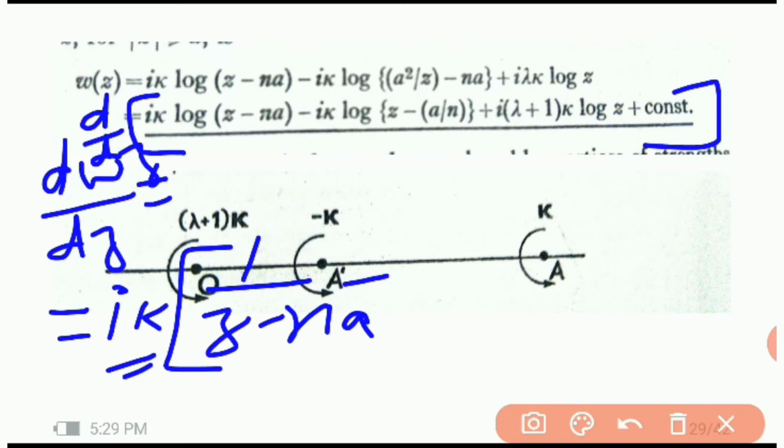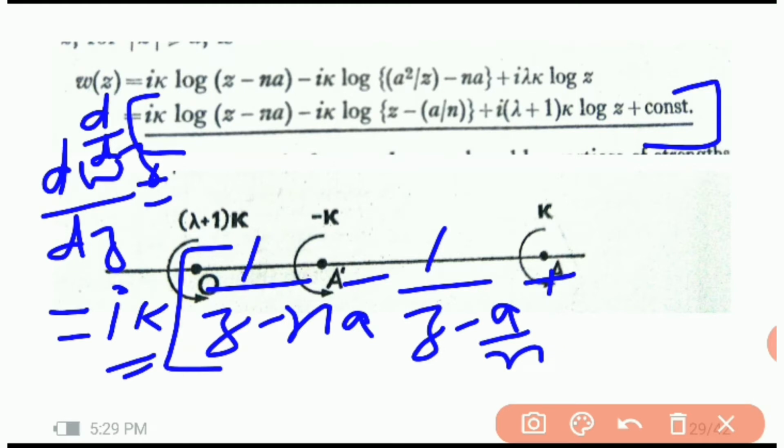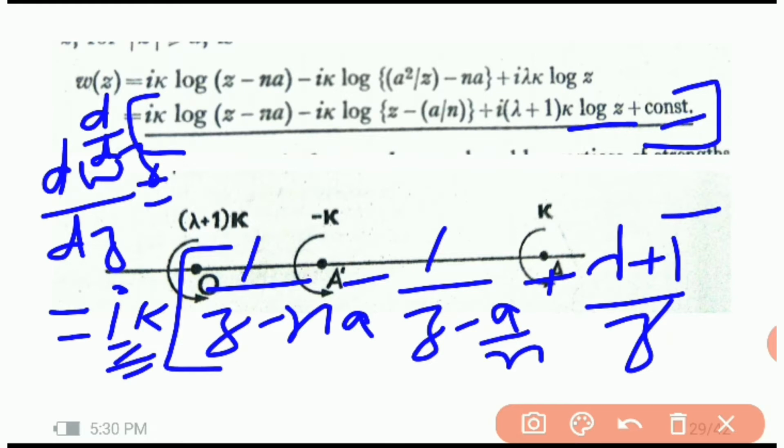The derivative of log(z − a/n) is 1 upon z − a/n, plus λik is common here. λ + 1 is constant, that is as it is, and the derivative of log z with respect to z is 1 upon z. 1 upon z into λ + 1 is (λ + 1) upon z, and the derivative of this constant function is 0. So this is equal to this way.